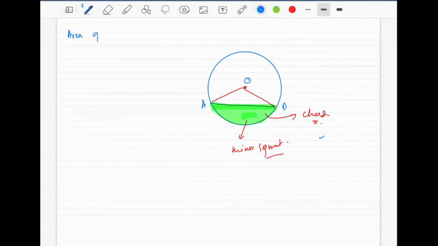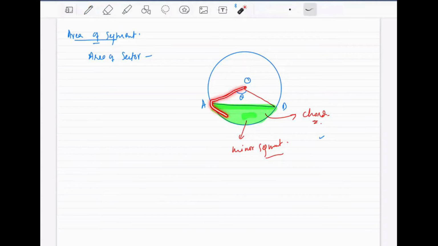So let's say I want the area of the segment. The area of the segment is the green shaded portion, right? So for that, the area of the segment will be given by the area of the sector, let's say this angle is theta, minus.